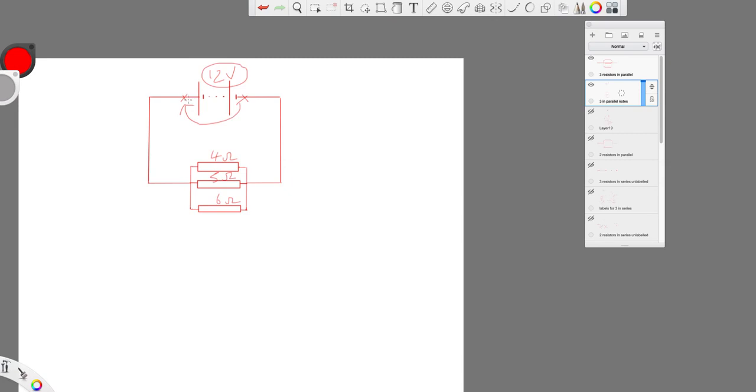So going this way, just avoid my 4, or going this way around the circuit, or going this way around the circuit, we're going to drop 12 volts whichever way we go.